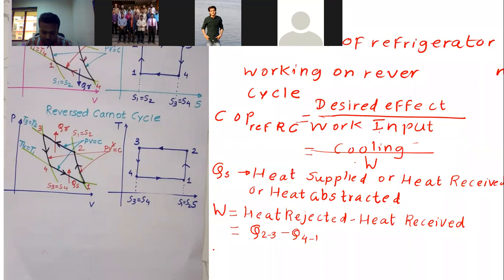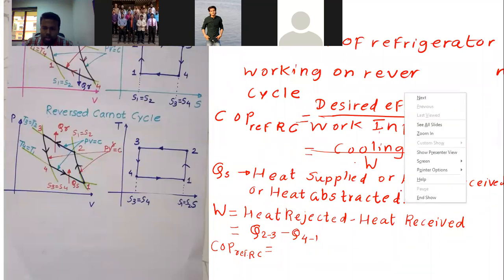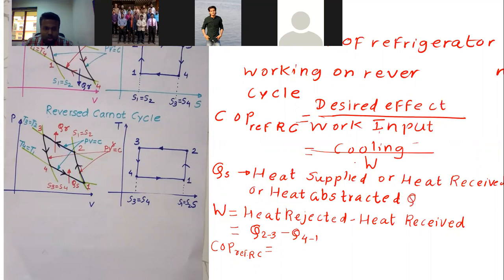The COP of a refrigerator which works on a reverse Carnot cycle is given by cooling. As I told you, cooling will be given by heat supplied, and heat is supplied during which process?